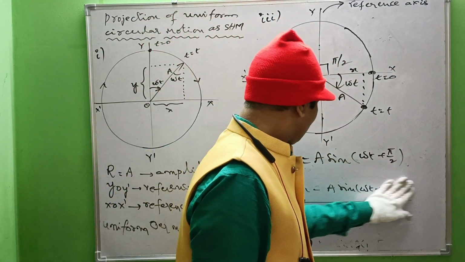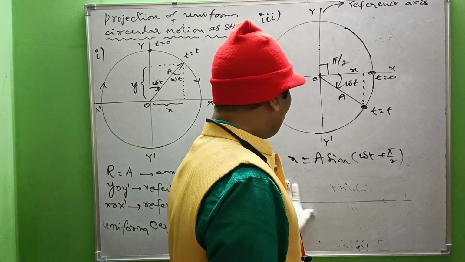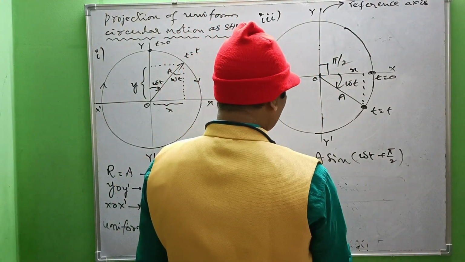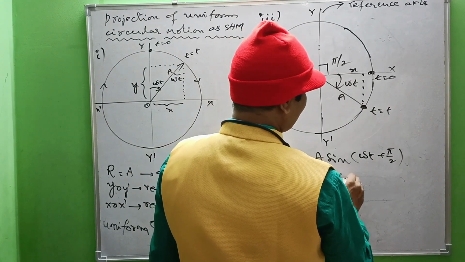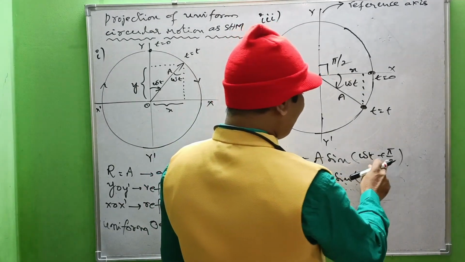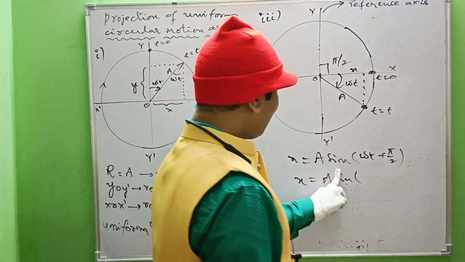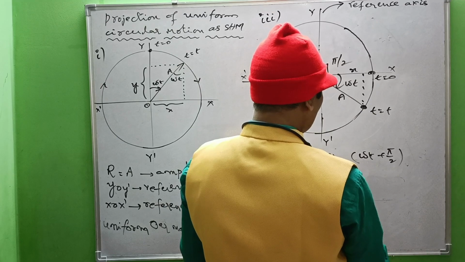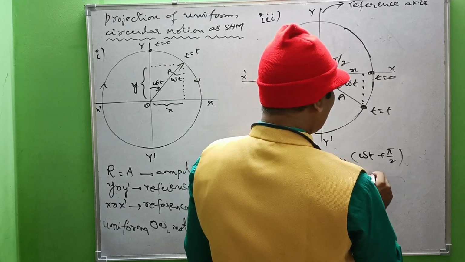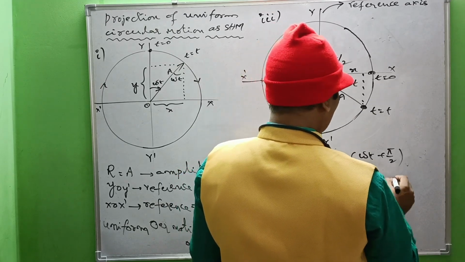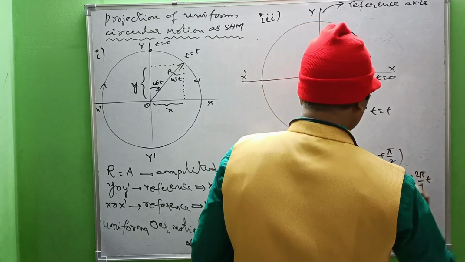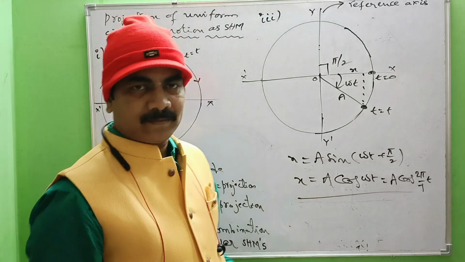What is omega t plus pi by 2? That is x equal to a sine of 90 plus theta, that is cos theta. So a cos theta, where theta means omega t. That is a cos 2 pi by capital T into small t also. So this is the valid expression.